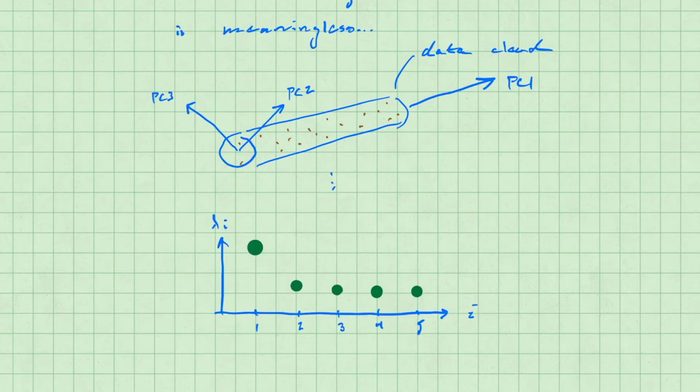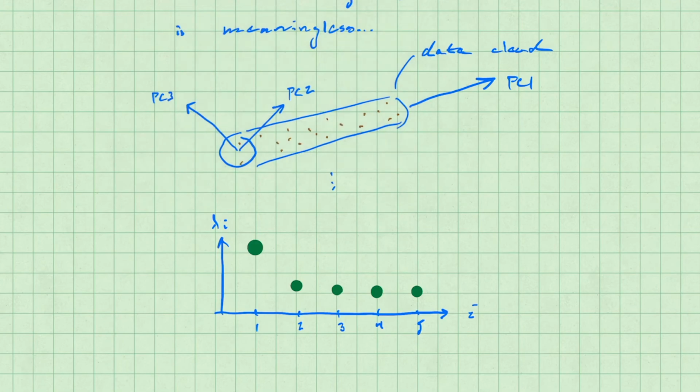If 3, 4, and 5 were all suffering from this problem, which they call sphericity, then there's very little reason to have put principal component 2 higher up on the scale than principal component 3, because they have essentially the same variation.